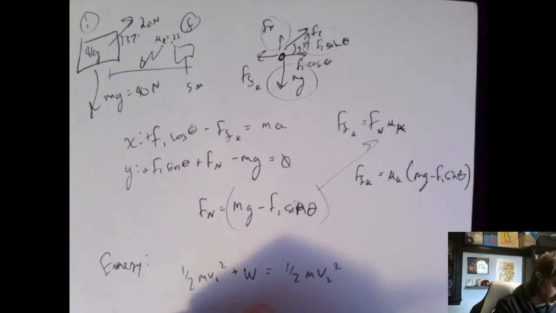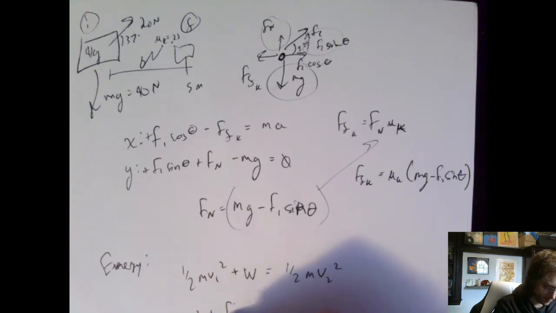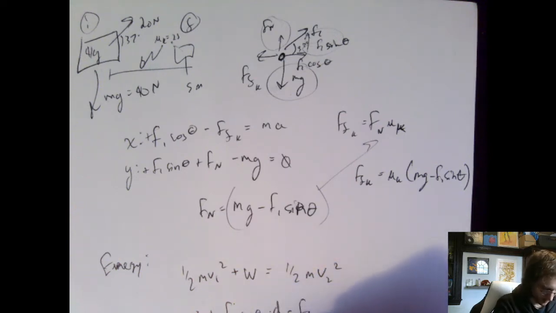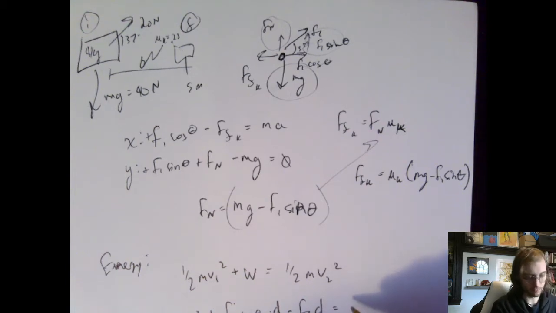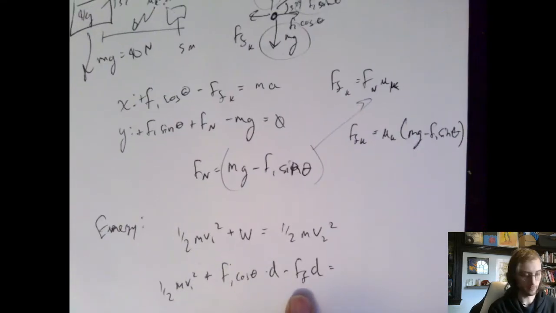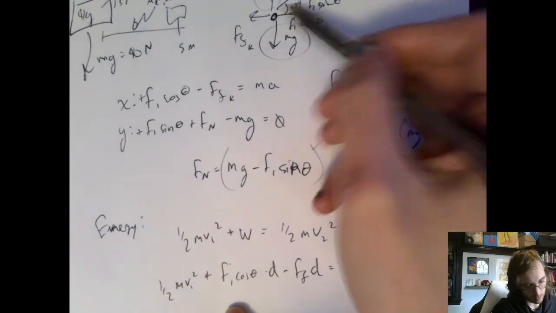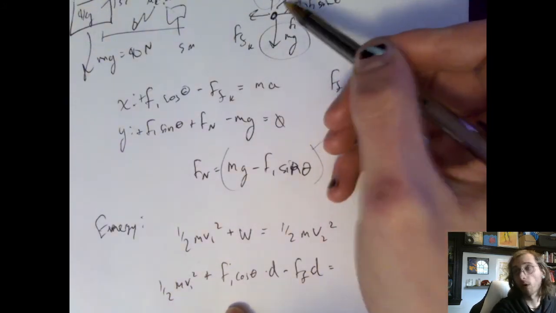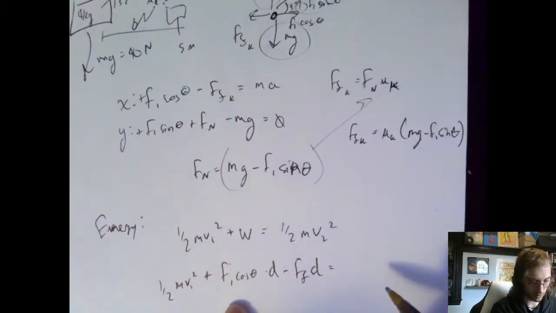Our two parallel forces acting on this thing are the friction, which is going to create a negative amount of work, and F1 times the cosine of theta. The friction is parallel, so I don't have to worry about an angle. F1 cosine theta, once I use the parallel component, will be parallel, or I could just include this cosine theta for the dot product.